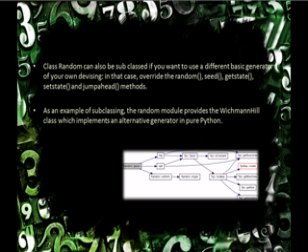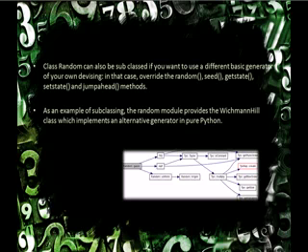Class Random can also be subclassed if you want to use a different basic generator of your own devising. In that case, override the random, seed, getstate, and jumpahead methods.